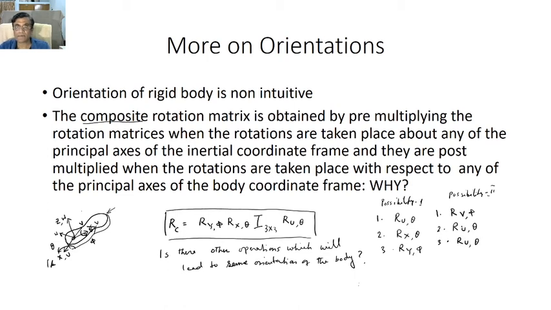You see, so these are the two possibilities because they will lead to the same composite rotation matrix. You can try. Is there any other possibility?